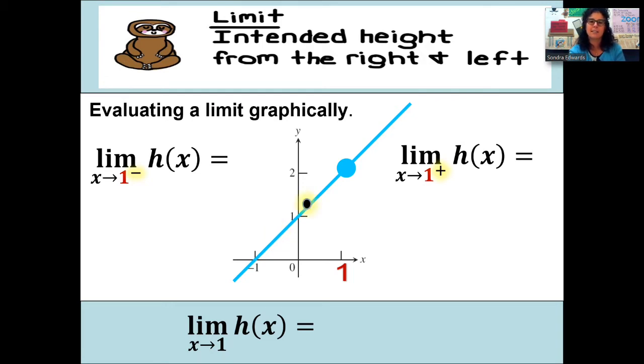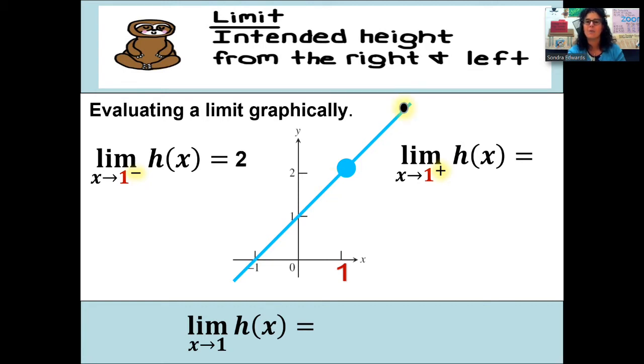I plug in, let's say, maybe 0.2, and I get out maybe 1.2. And then I substitute 0.9, which is really, really close to 1 from the left, and I get out a height of 1.9. And so the heights, as I plug in numbers close to 1 from the left, are heading to a height of 2.